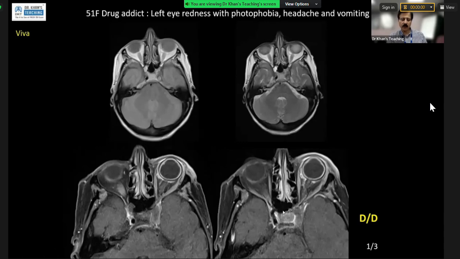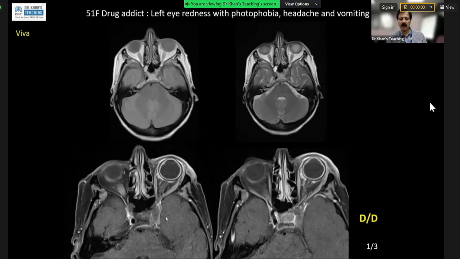And as you picked up very well, there is loss of the normal signal void of the cavernous portion of the internal carotid artery. And when you look at the cavernous sinus here, compare it with this, it is not enhancing, it is expanding. So this is a classical exam case.